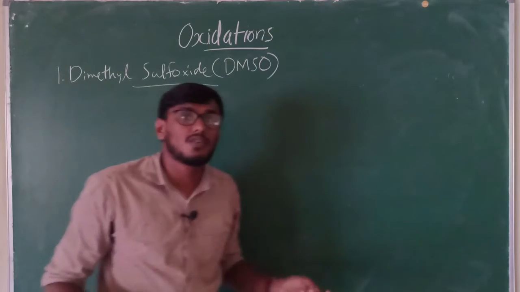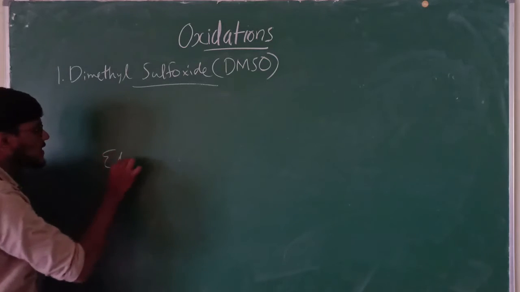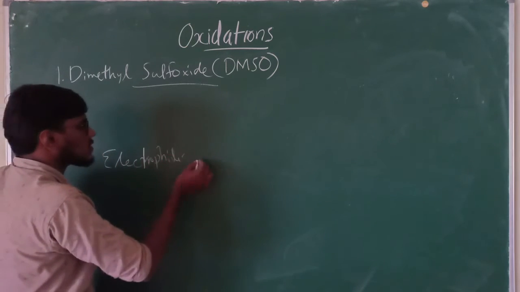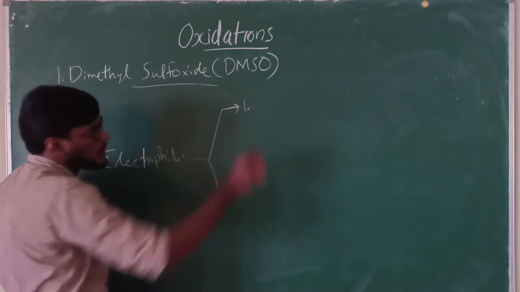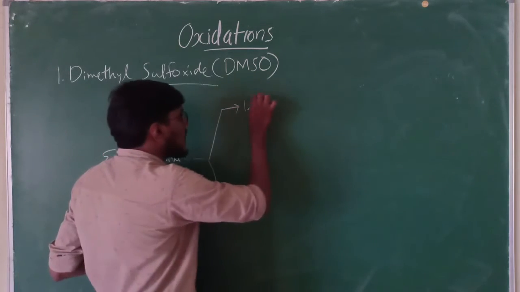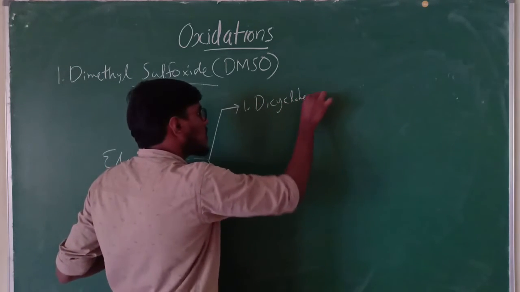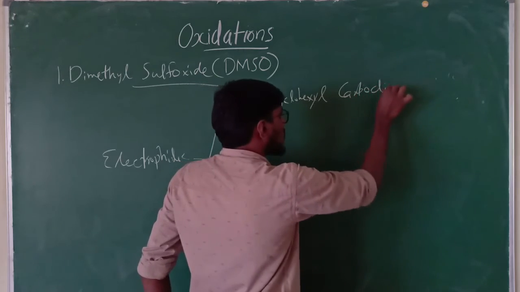The possible electrophilic species that are involved in DMSO oxidation may be, first one, dicyclohexyl carbodiimide.